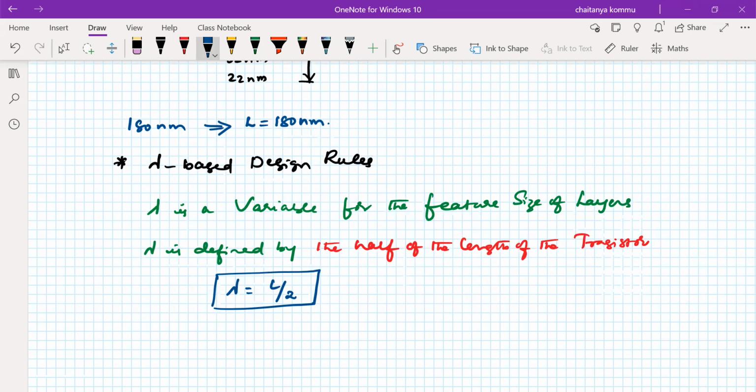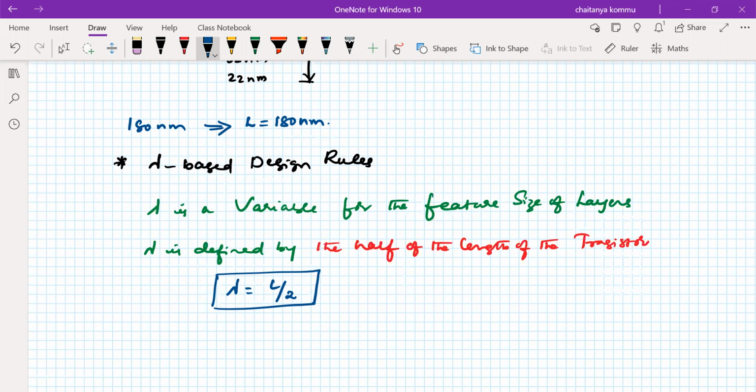For example, the length of a particular diffusion is so many lambda, and the width of a particular material is so many lambda. That is also in the form of lambda only. So we can define each and every dimension in terms of lambda only.